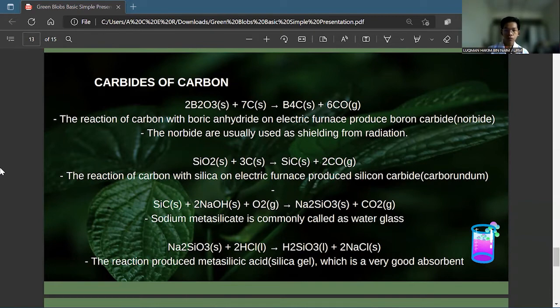For the next one, the reaction of sodium metasilicate, Na2SiO3 plus 2HCl, becomes H2SiO3 and 2NaCl. The product is metasilicic acid, which is silica gel, very good as a desiccant.